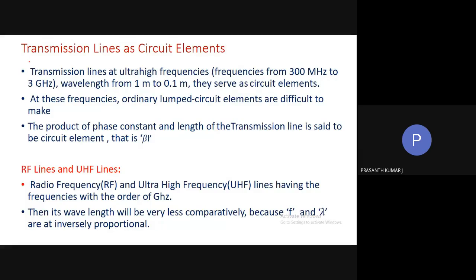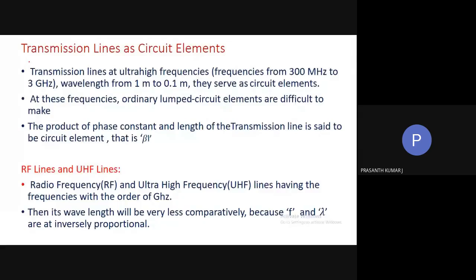If there is a capacitor, we can see how much capacitance it has. But at high frequencies, we don't have these lumped elements; they exist as distributed elements. That's why we call them distributed parameters.